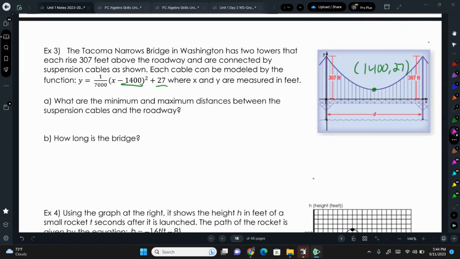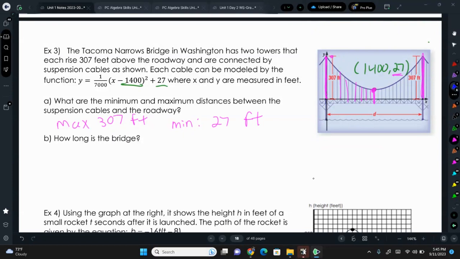So we're trying to figure out the maximum and minimum distance from these cables here. Well, the maximum is going to be 307 feet at the beginning and end of the bridge. So the max would be 307 feet. The minimum, though, occurs right here. The y value right there is 27 feet, so the minimum would be 27 feet.